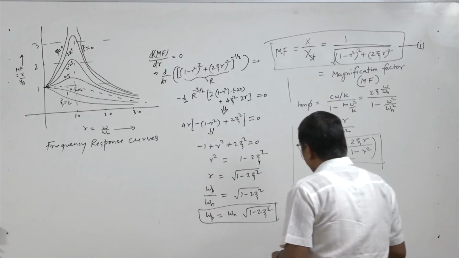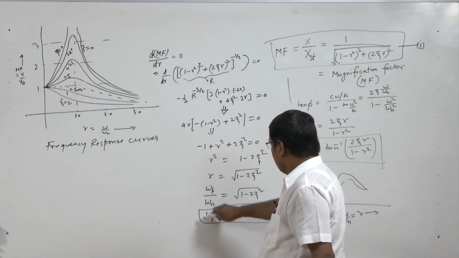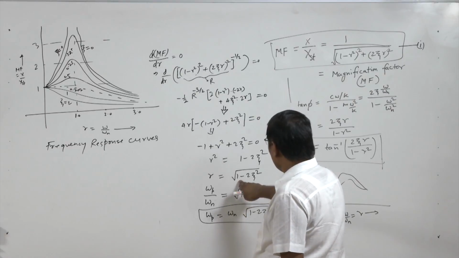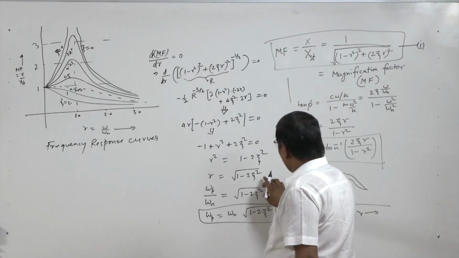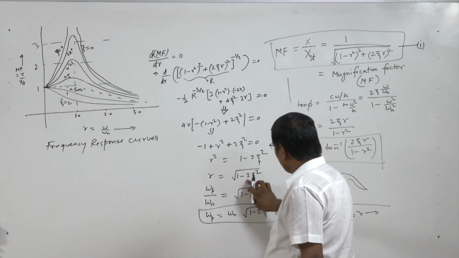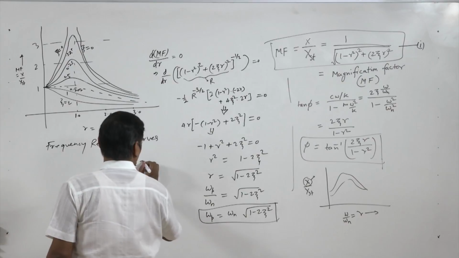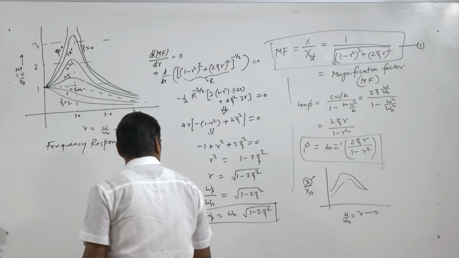So what we are getting is that our maxima is occurring at r equal to root 1 minus 2 zeta square, and for a maxima to occur this quantity should not be negative. It means 1 minus 2 zeta square is greater than 0.